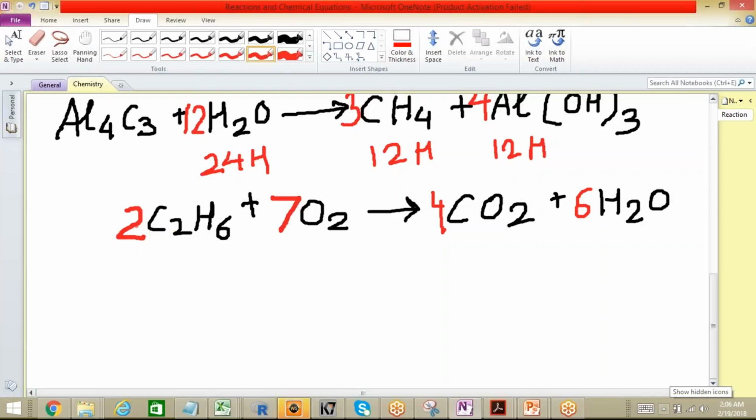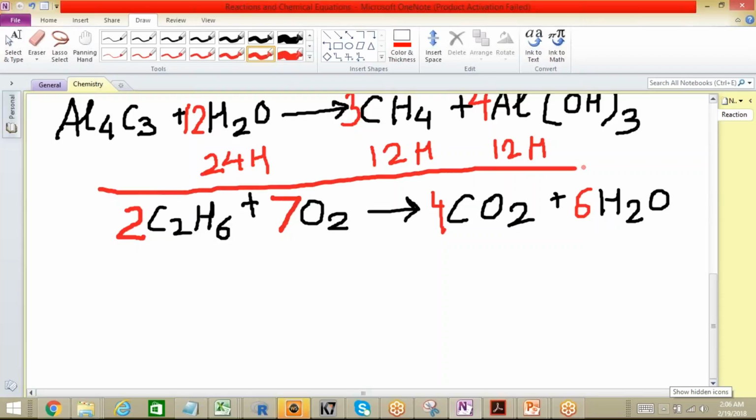So now let's check the carbon first of all. We have 4 atoms of carbon here. We have 4 atoms of carbon at the output. We have 14 atoms of oxygen. We have 8 plus 6, 14 atoms of oxygen at the output. We have 12 atoms of hydrogen. Unfortunately, we have 12 atoms of hydrogen also.